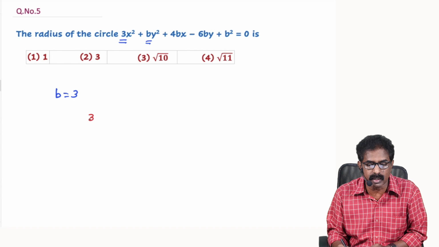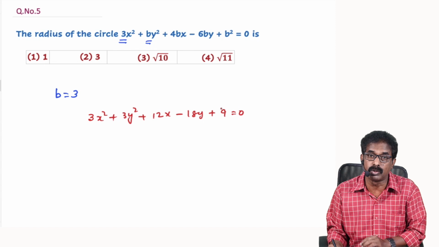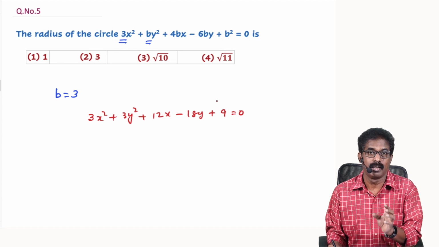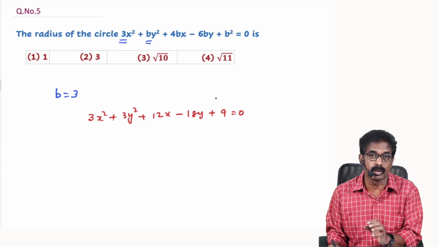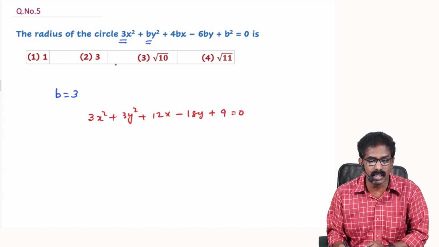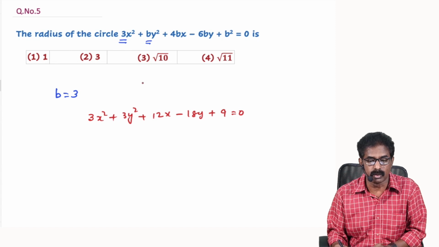So the equation of circle is 3x square plus 3y square plus 4 3s are 12x minus 6 3s are 18y plus 3 square 9. So wherever b comes, you put 3. How do you know it is 3? Because if it is a circle, x square and y square, the coefficients must be same. So here x square coefficient is 3, so y square coefficient also must be 3. So b equal to 3, just to substitute it.